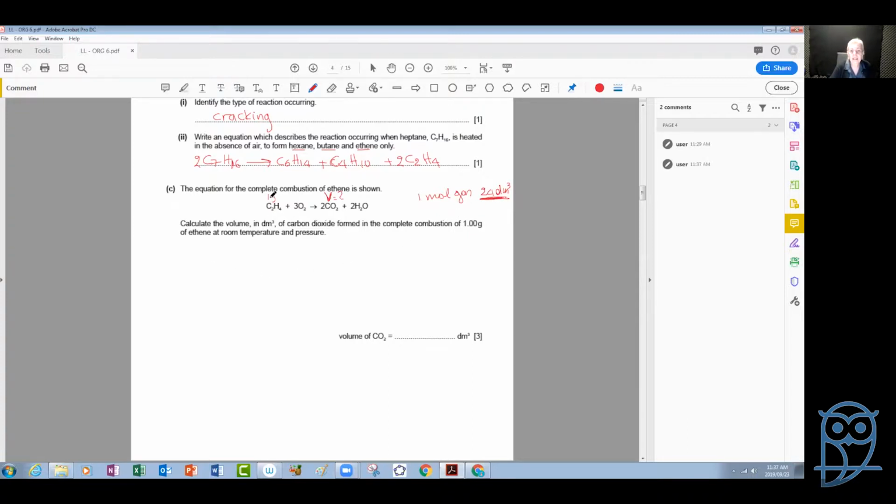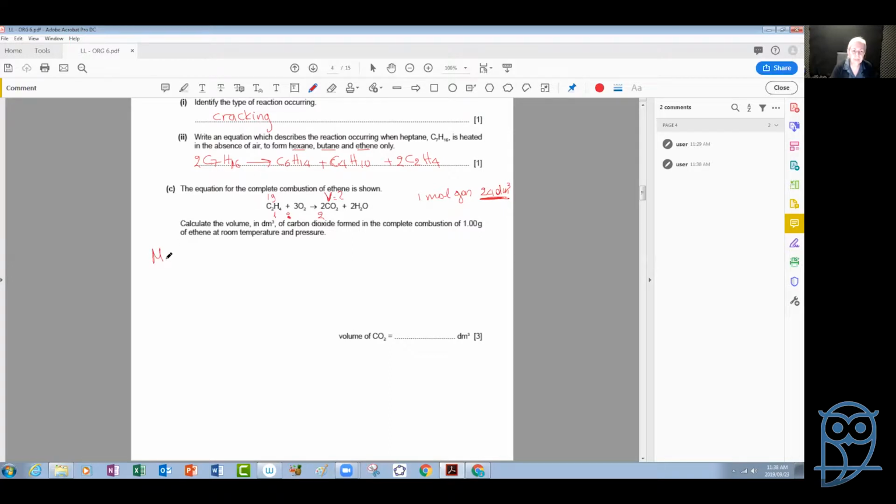We have first of all the ratio of moles reacting here is 1 mole of ethene to 2 moles of carbon dioxide. So let us find how many moles of ethene is the 1 gram that we are given here.